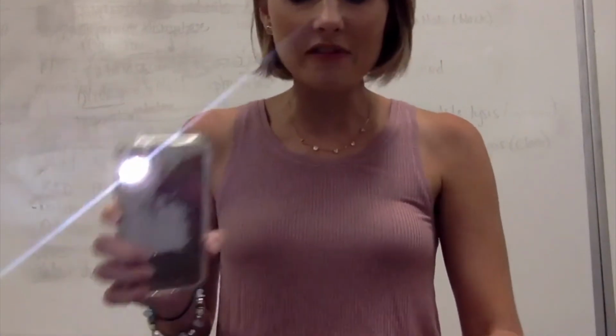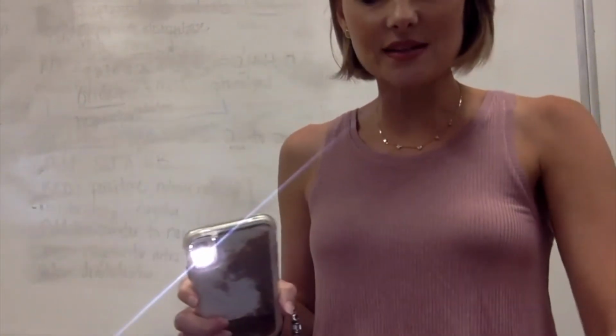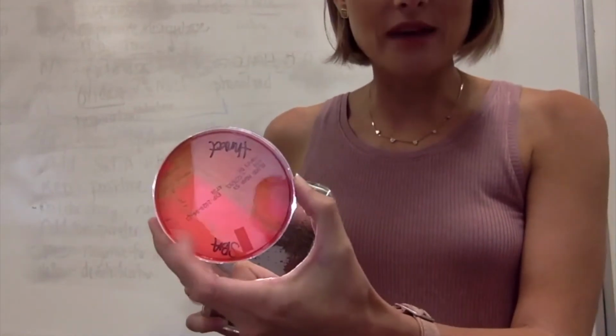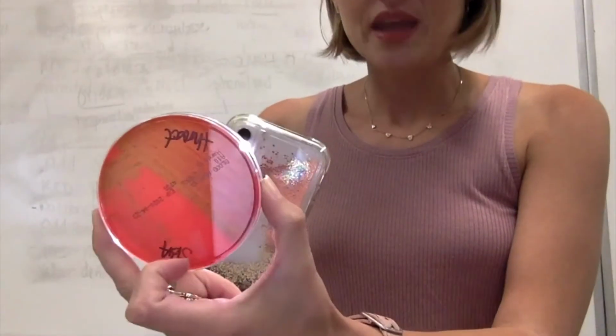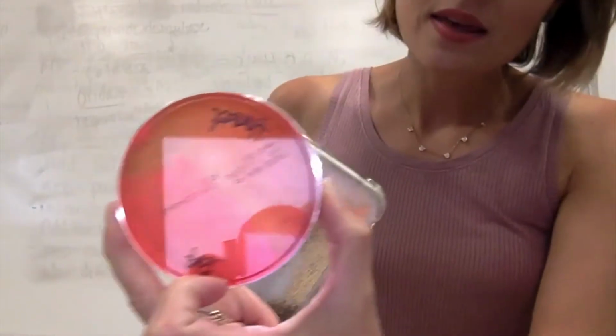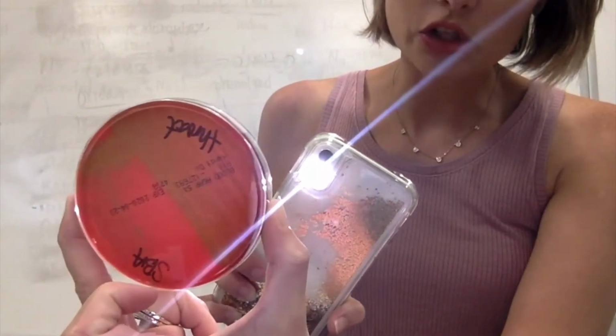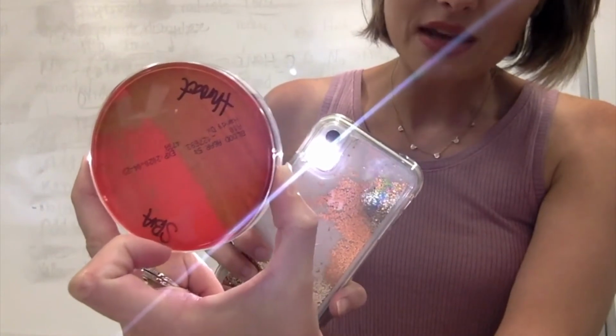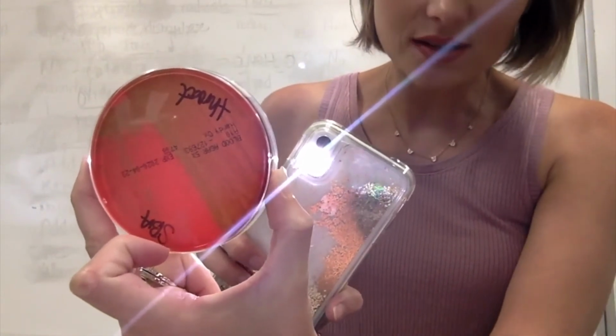Okay, so I'm going to use my flashlight on my phone again to try to make this a little easier for you to see. Here's my throat swab that I did yesterday. As you can see, when you shine the light, there is a greenish color to the plate. That greenish color means that this is alpha hemolysis.